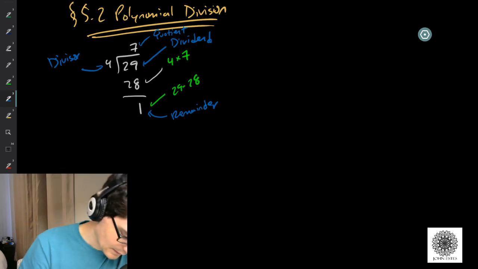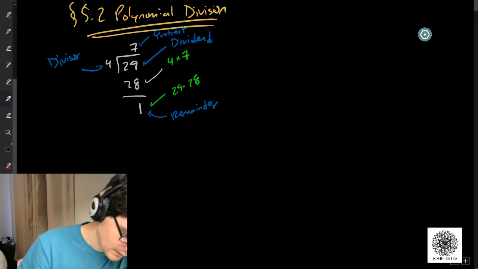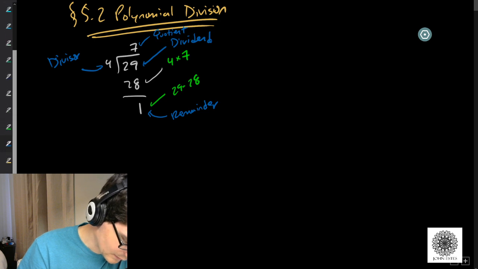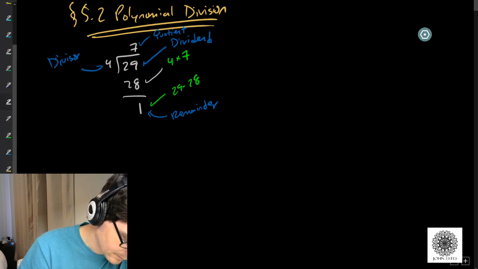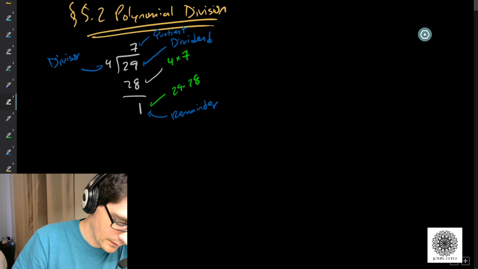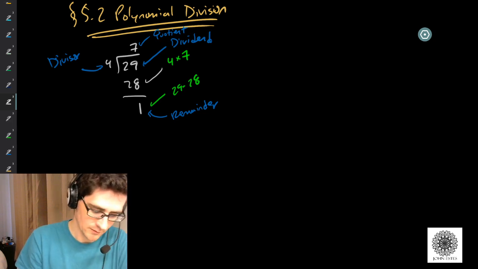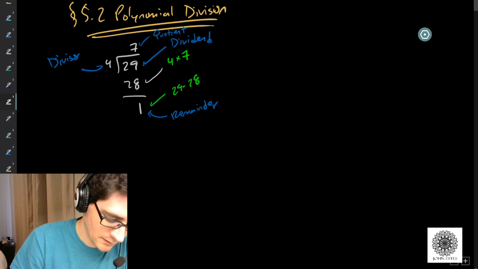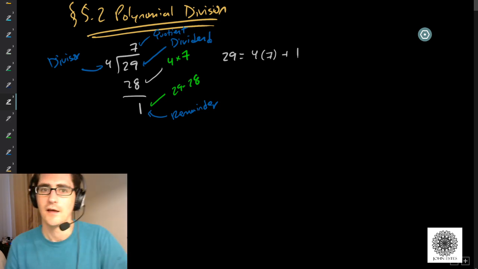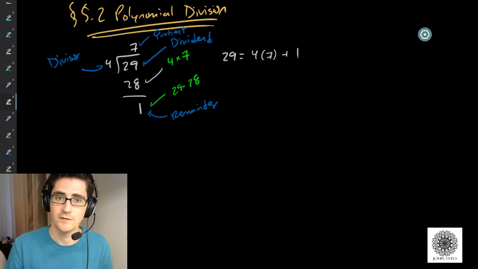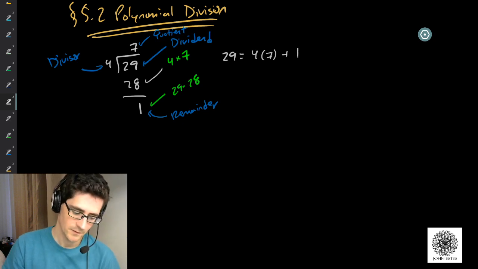All right, now another thing is you may not think about this a lot, but actually when I do division, for example, 4 goes into 29, we had a quotient of 7 and a remainder of 1. I could have rewritten this as 29 is the same thing as 4 times 7 plus 1 and verify that that's true. 4 times 7 is 28 plus 1, we get 29.